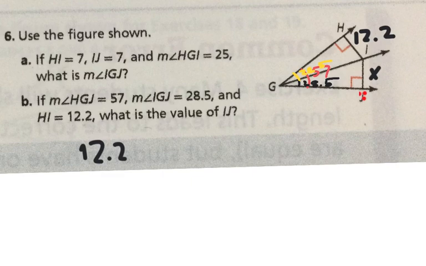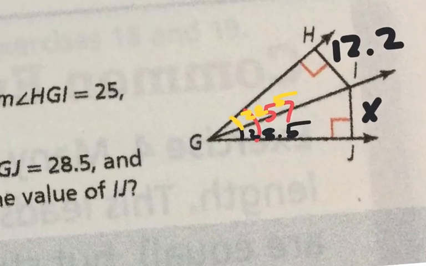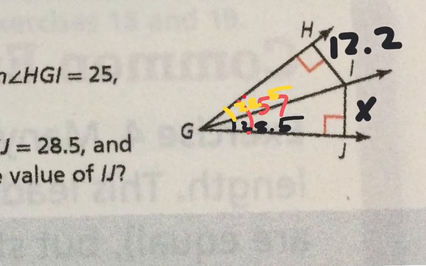Would you add them together? No. The entire angle was 57. Sorry. This smaller piece that's in black here was 28.5. So basically, if I'm trying to find the black, the black plus the yellow has to equal the red. So I would do the red minus the black. The two smaller add to be the larger.